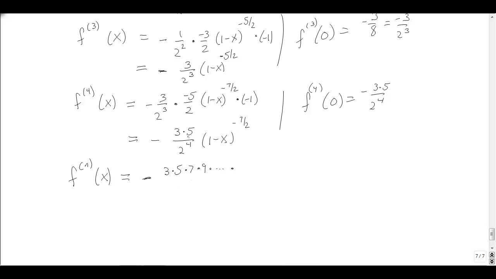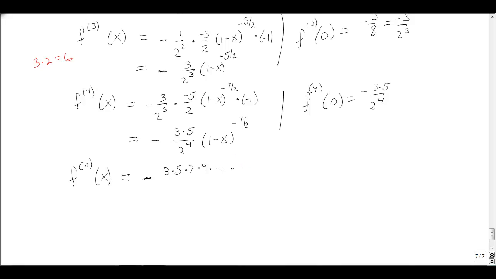And the last one, let's see, we had 5 for the fourth derivative. We had 3 for the second derivative. So it's probably like, because they're odds here, they're going up by 2 each time. So let's think about this as 3. The 3 times 2 would give me 6, but I'm 3 less than that. So it's like 2n minus 3 maybe. 4 times 2 would be 8, minus 3 is 5.